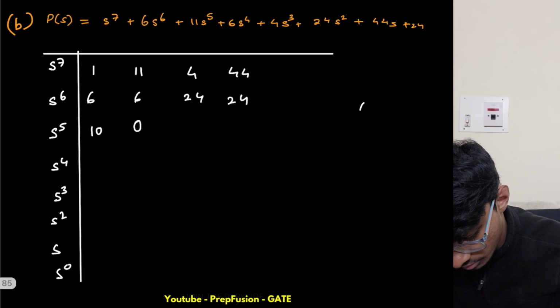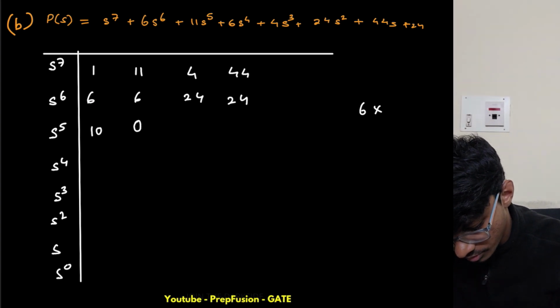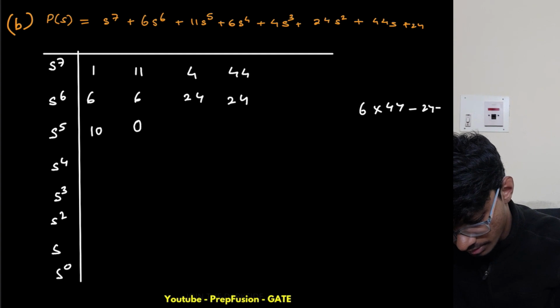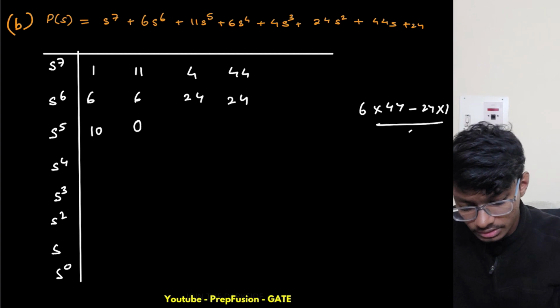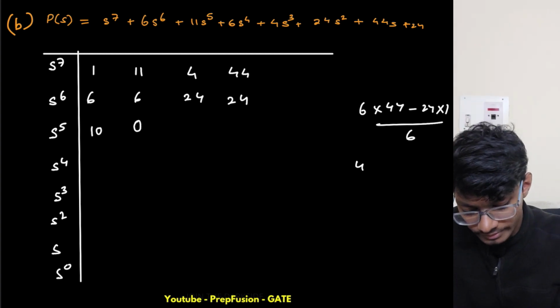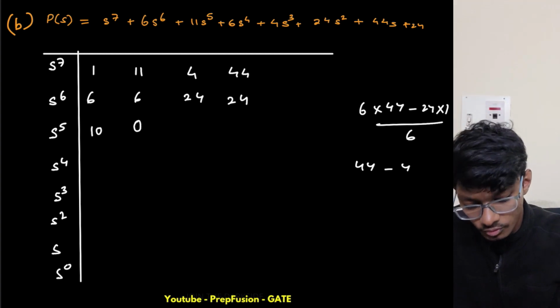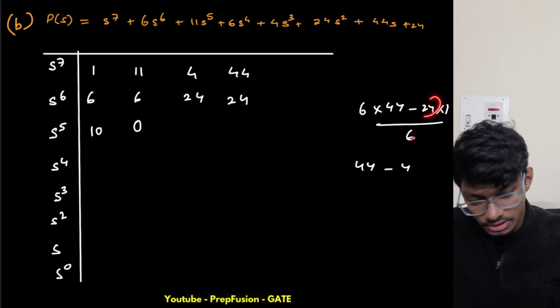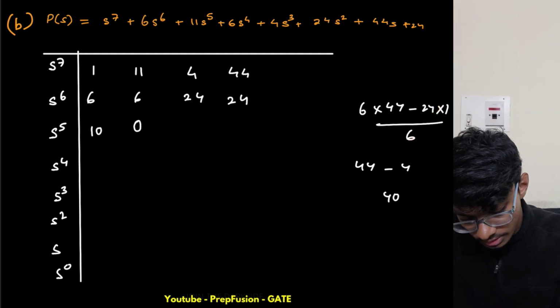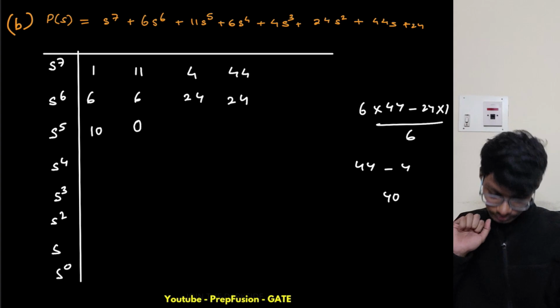Even without a calculator you can compute this. You just divide by 6, so this will be 44 minus 4, since 24 by 6 is 4. So I will get 40.